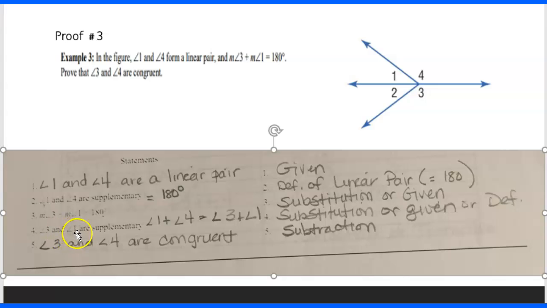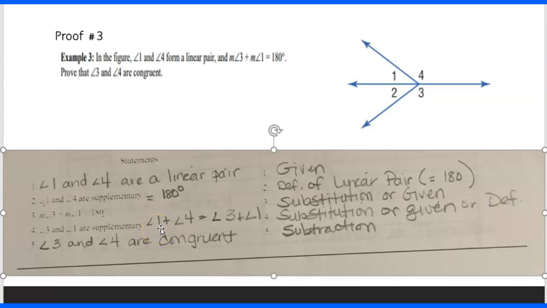Then angle 3 and angle 1 are supplementary. That's a definition. Given or definition actually would go toward the definition of supplementary.